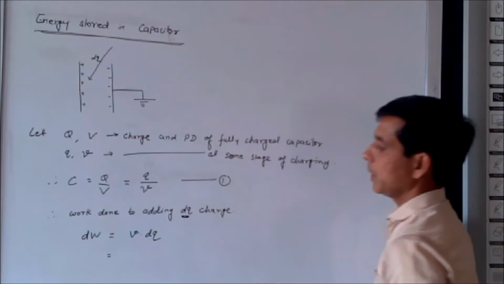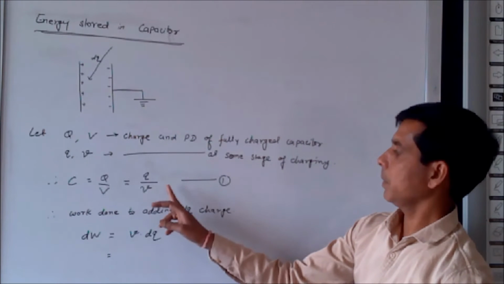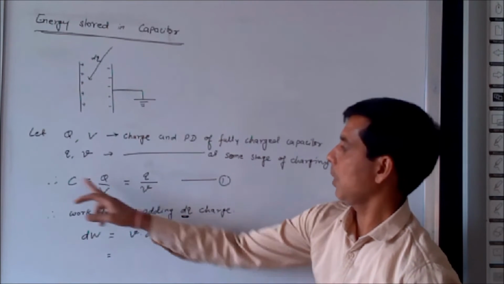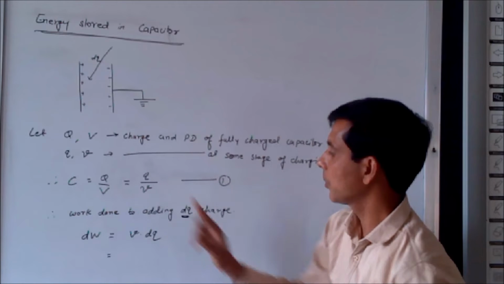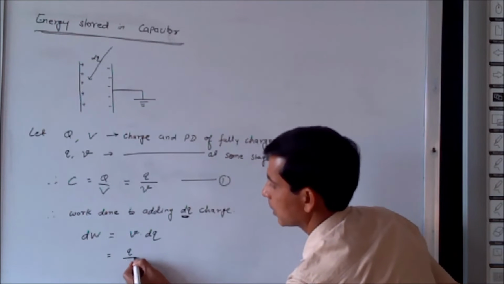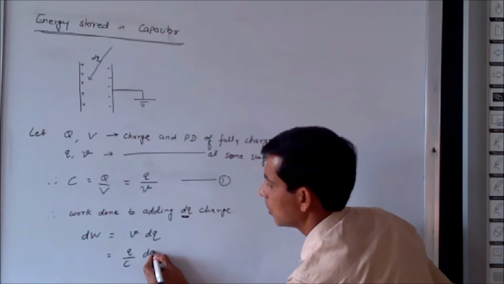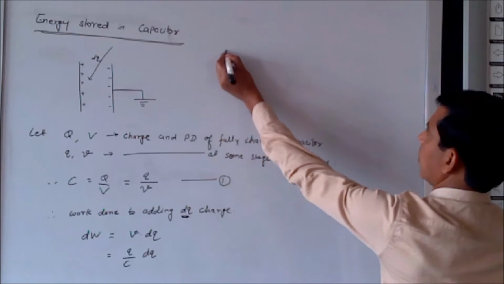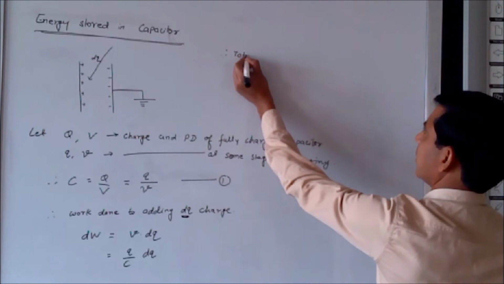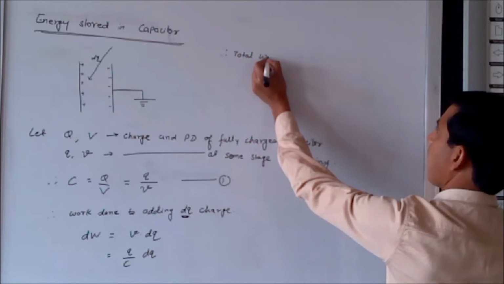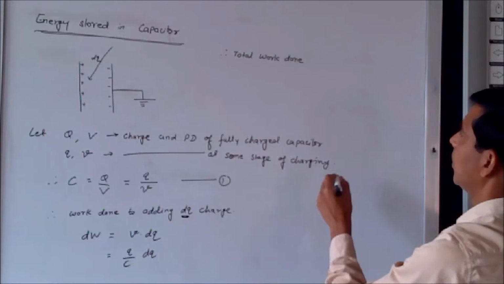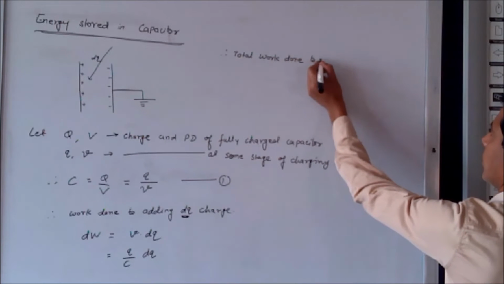Now, by putting the value of V from equation 1, small v equals q by C, it will be q by C into dq. Therefore, total work done in giving charge.